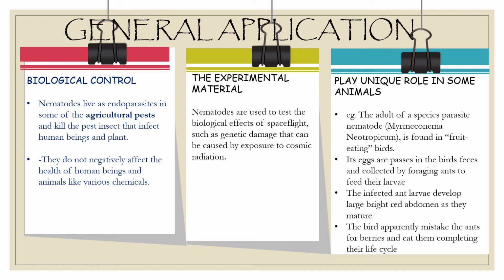Its eggs are passed in the bird's feces and collected by foraging ants to feed their larvae. The infected larvae develop a large bright red abdomen as they mature. So the bird apparently mistakes the ants for berries and eats them, completing their life cycle.